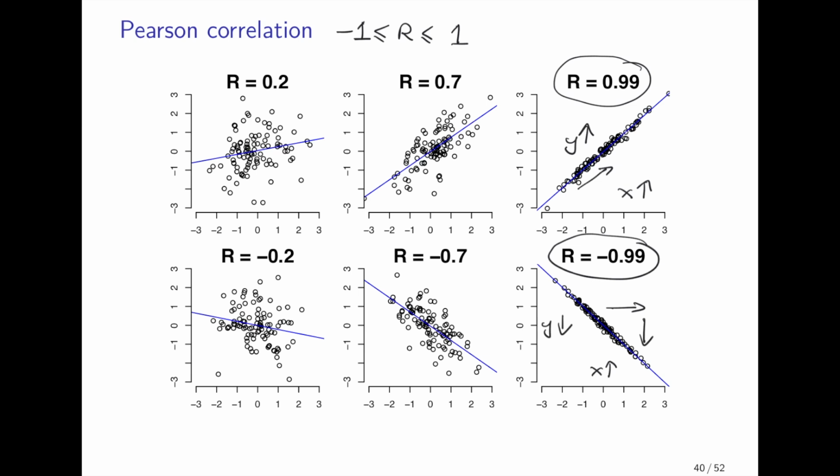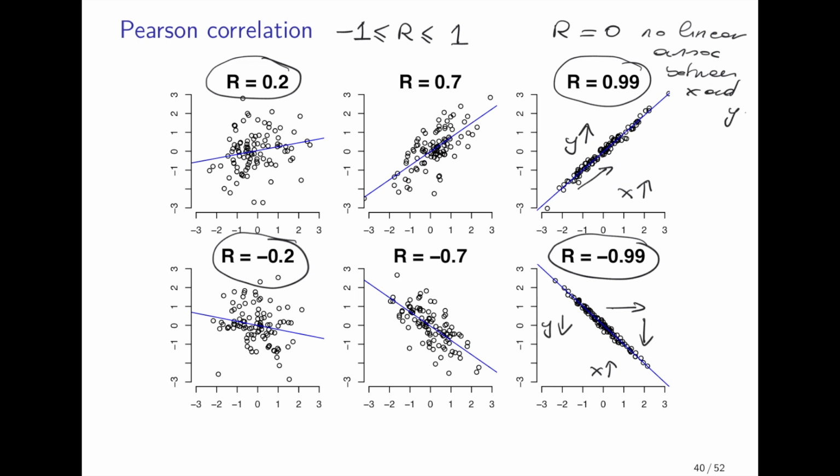Now let's go to the left. So here we have correlation 0.2, correlation -0.2. If the correlation is 0, then that means that there is no linear association between x and y. And here you can see that idea also, like it's not perfectly 0, it's 0.2, but you see that there is some association between the data, but not a very strong one.